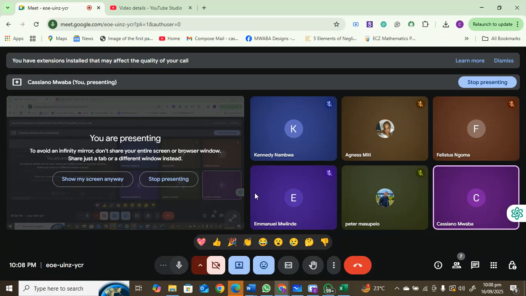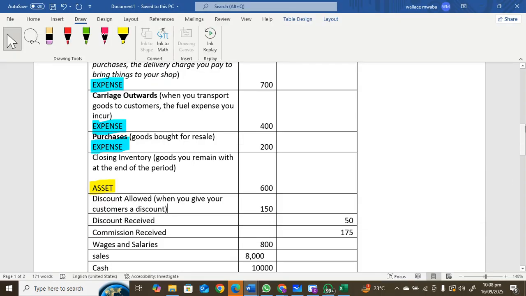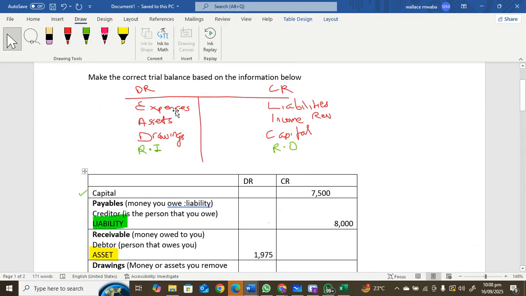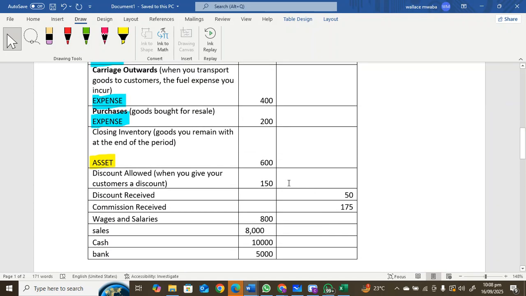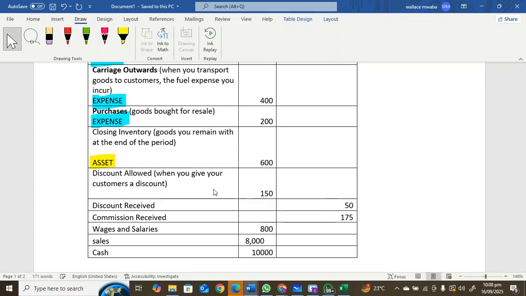Discount allowed is treated like an expense since you've lost that 200 kwacha. So a loss is treated like an expense. According to our diagram here, expenses go on the debit side, so the amount should be here.